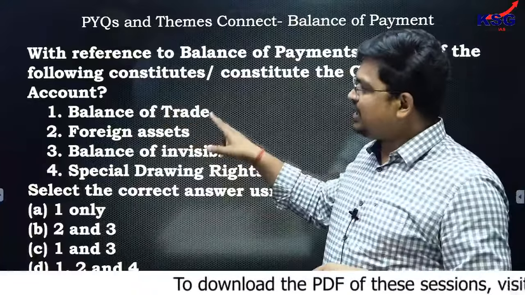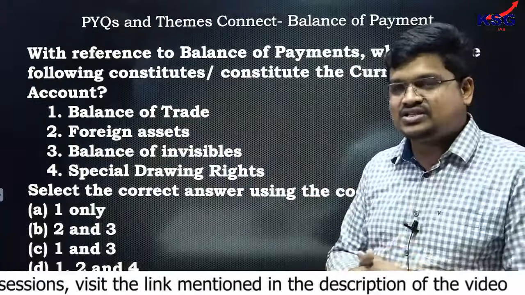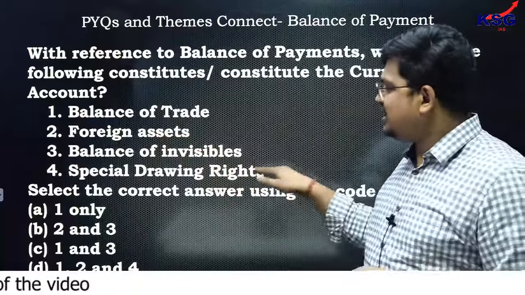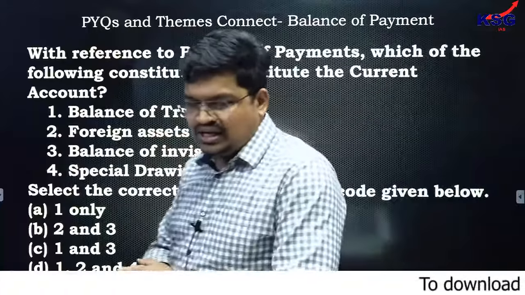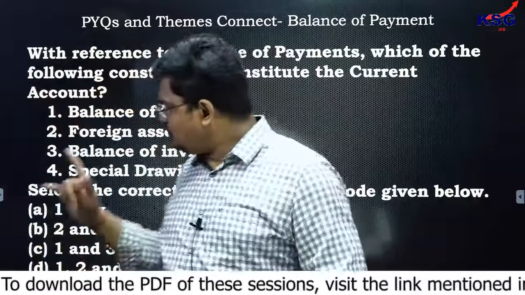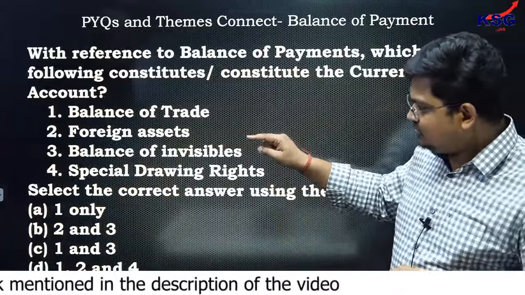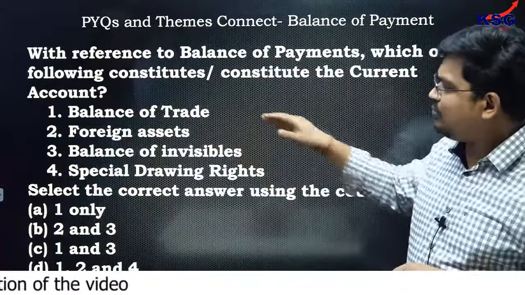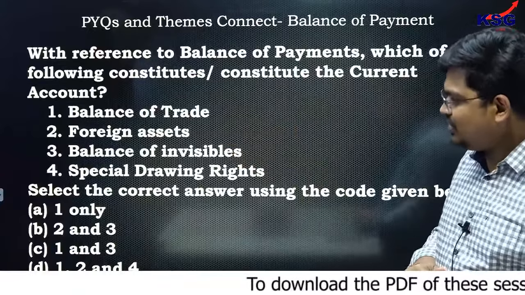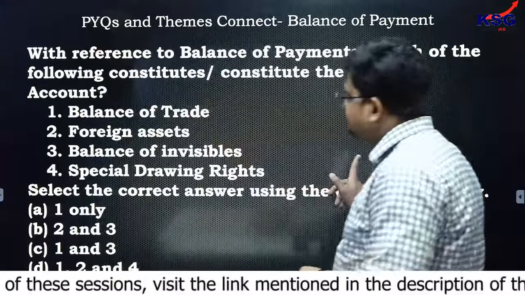So balance of trade is one component, and balance of invisibles, in terms of services, is the second component. SDR, which is related to the International Monetary Fund, is not a part of the current account. So your answer would be 1, balance of trade, and 3, balance of invisibles. So C would be your answer.